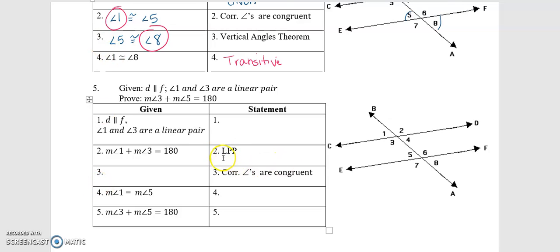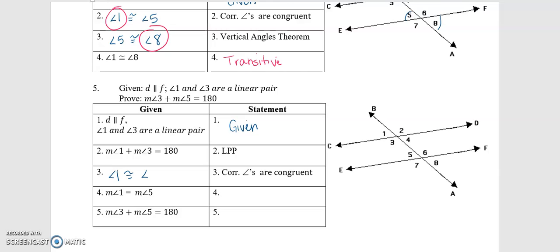This just means the linear pair postulate, LPP, since we're using the word linear pair there. But given, and then what is congruent? If we have equals here, we probably had a congruent up here, since it's talking about the corresponding angles are congruent.